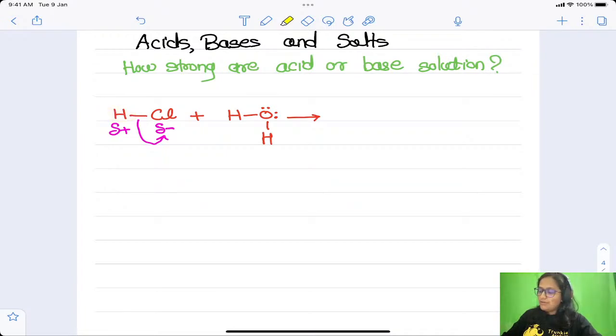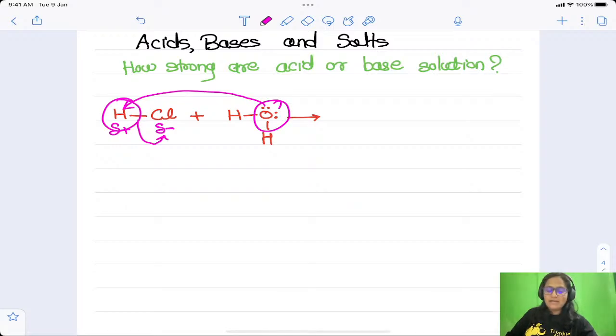Therefore it needs electrons. Where are the electrons in the solution? Electrons are present on the oxygen, so those electrons will be given to the hydrogen. That means this oxygen and this hydrogen are going to connect with each other.